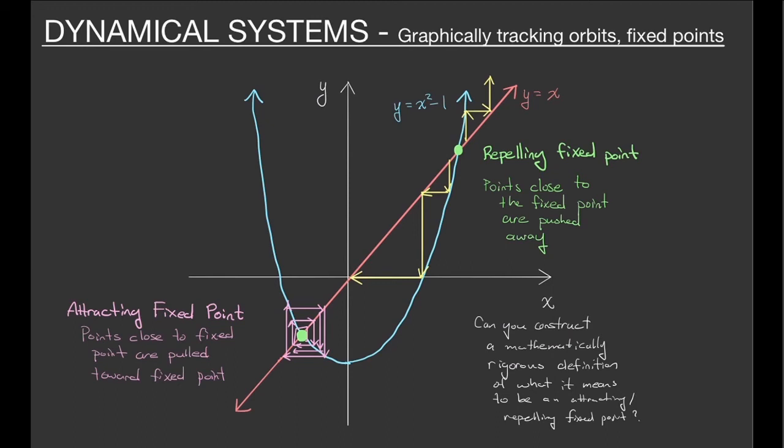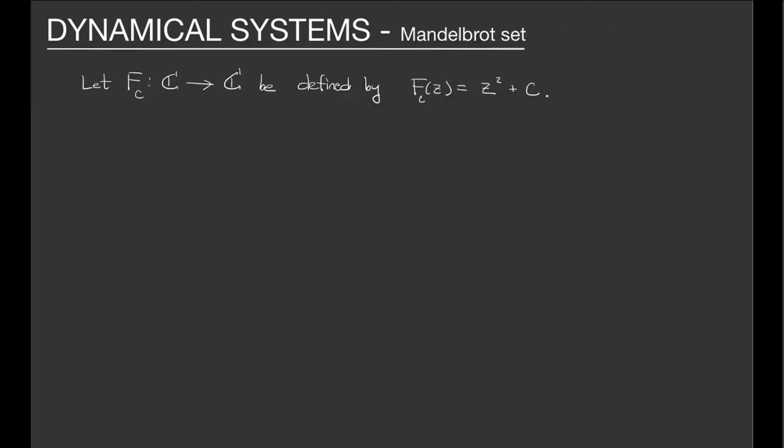Now let's get into defining the Mandelbrot set. Let's start by having a uppercase f sub c be our function that goes from the complex numbers to the complex numbers, and it's defined in the following way. For a given complex number z, you take and square that number and you add c to it. Then we'll define m by the following way.